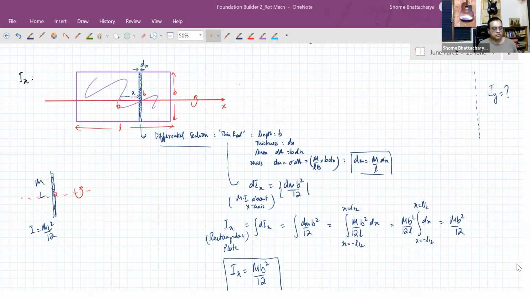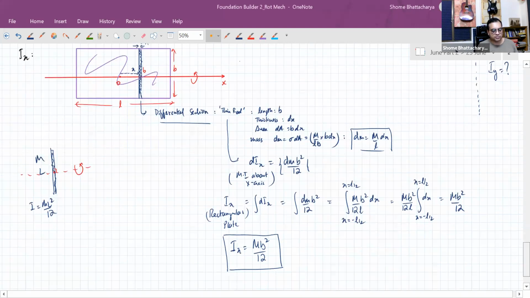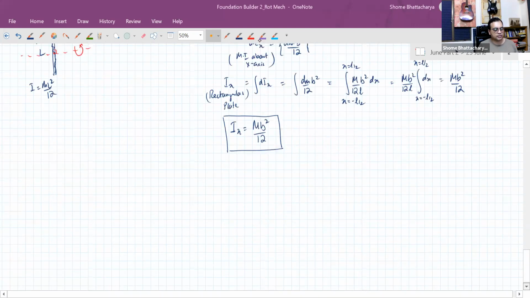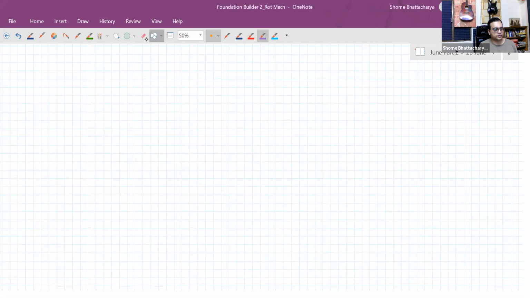Okay, so hope all of you would have understood that you will get Iy by a similar process as ml square by 12, and then you can go on to use the perpendicular axis theorem.